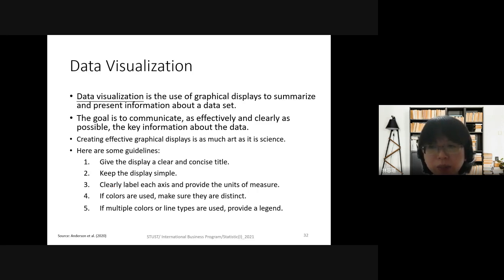So the main goal for such tools or methods is to communicate effectively to your audience, to tell them the key, clear information, to help them quickly catch what you would like to tell them or what you found through the survey or the research.